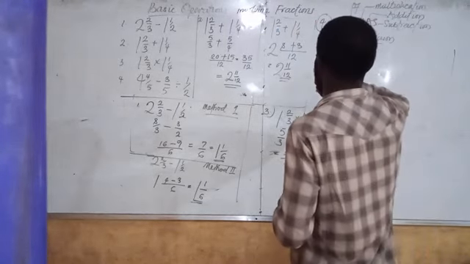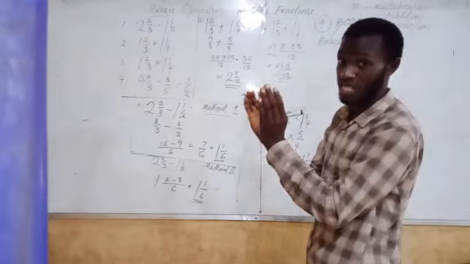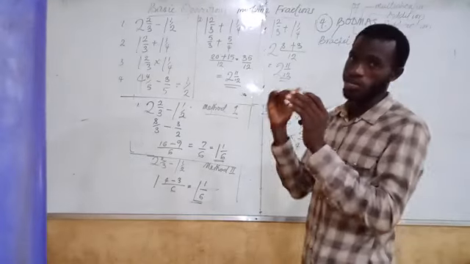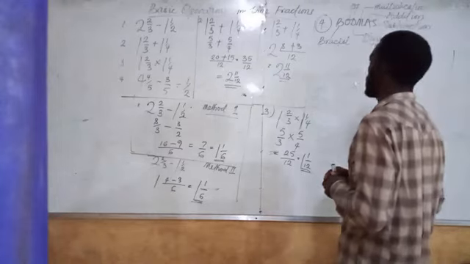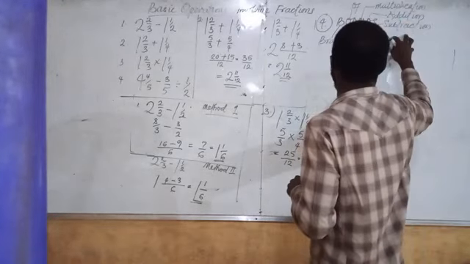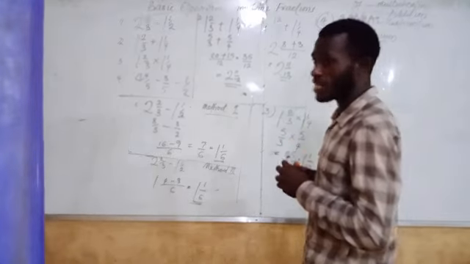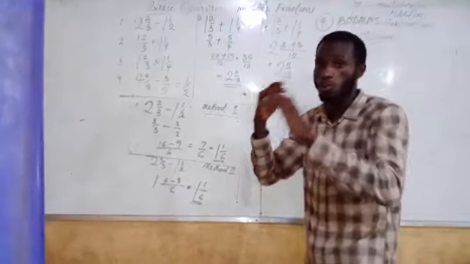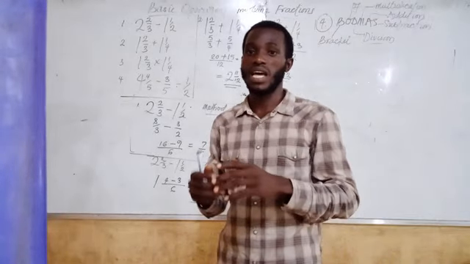So the highest priority is given to brackets, expressions in brackets, and the least priority is given to subtraction, expressions that have to do with subtraction. Right. Now this does not mean that if an expression has to do with subtraction and is inside the bracket, we won't consider it. Because it is already embedded in the bracket, it's going to be given the topmost priority, although it has subtraction.